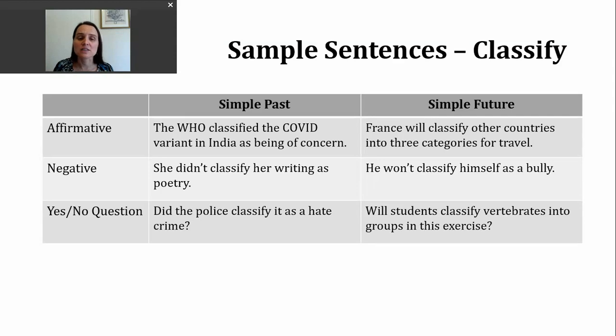And that's what this sentence is describing. So did the police put this in a group of hate crimes? So again, sort of targeting a person or a group of people based on race, ethnicity, religion, etc.